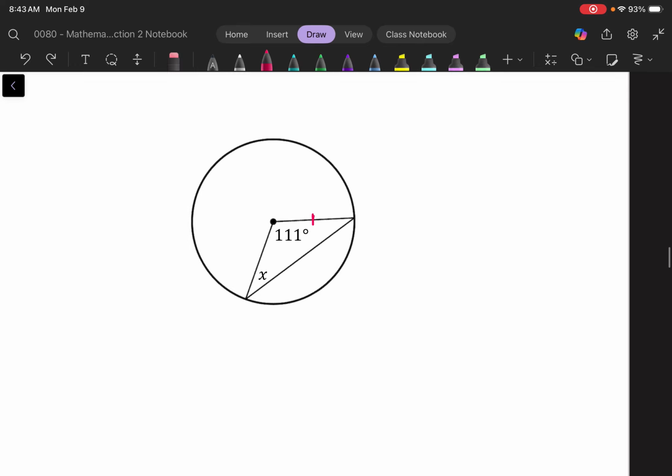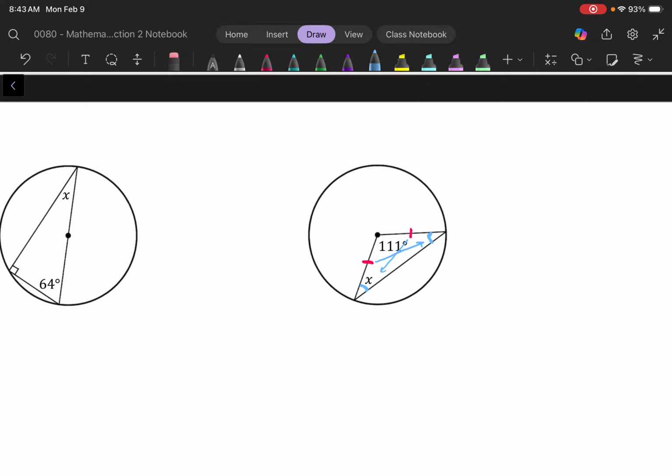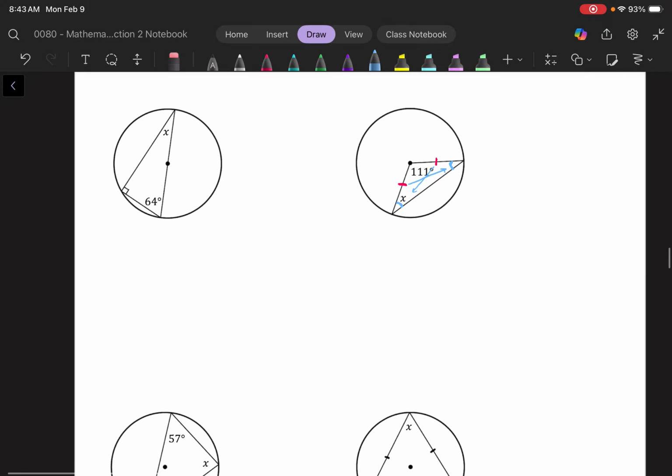And as a result, since both of these represent radii, and the radius of a circle is the same everywhere, then these two side lengths are going to be congruent. And as a result, the angles opposite them will also be congruent. Okay. That's the only one I wanted to point out.